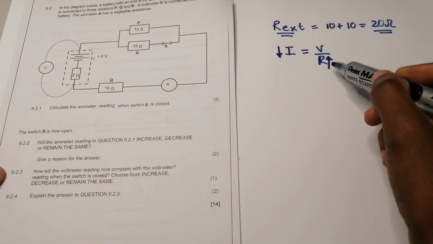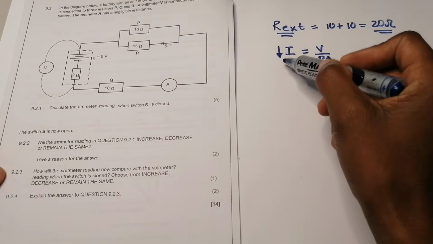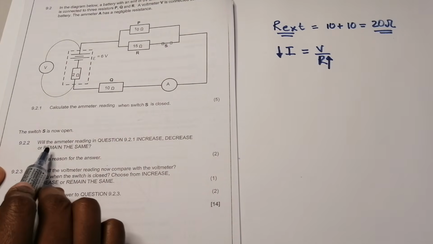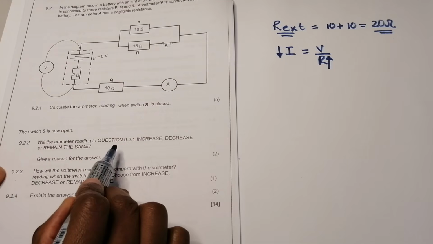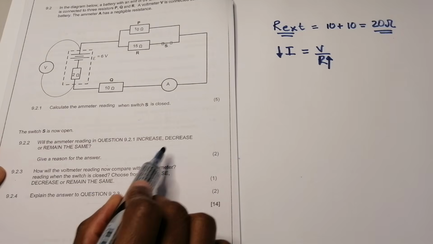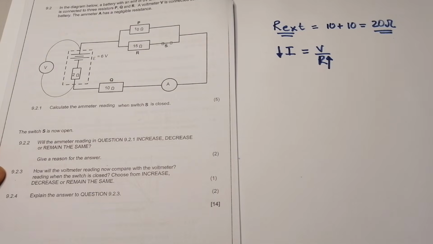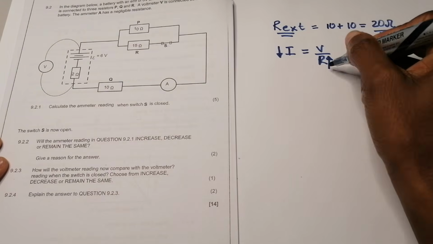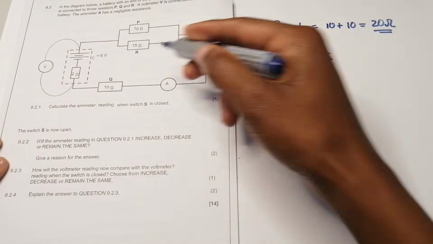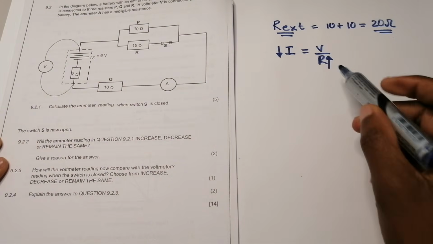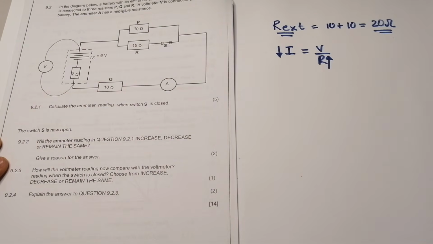So the moment that I increase R external, my current will decrease. So what's our answer for this? It means that the current that we calculated would decrease. And they say give a reason for your answer. That is your reason: when we open the switch, our external resistance increases, and as a result, our current will decrease.